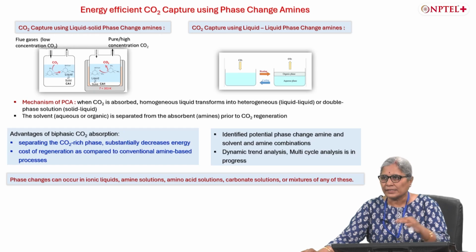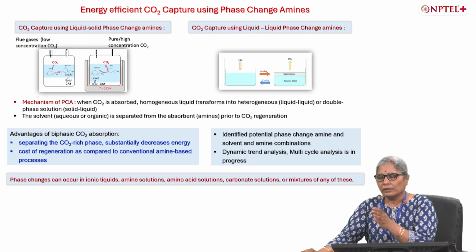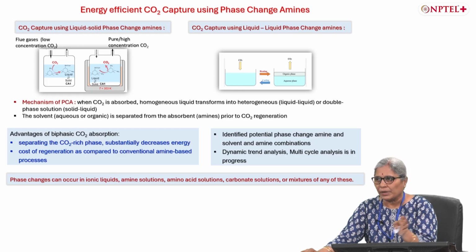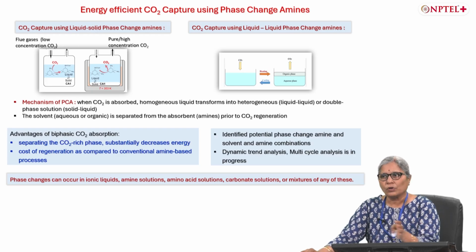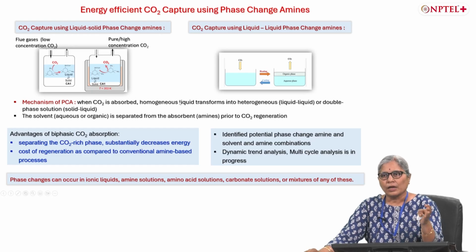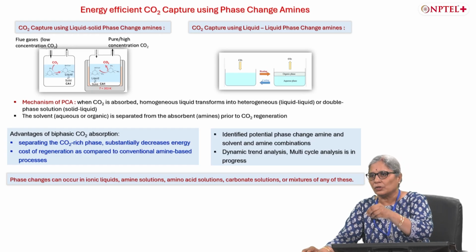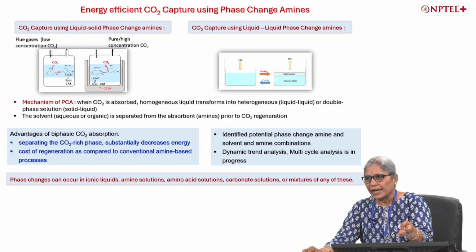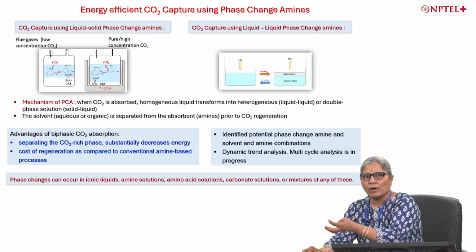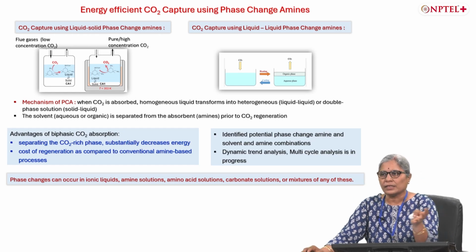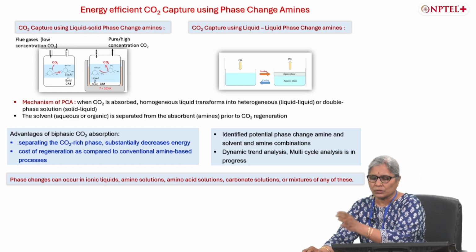Another study, as I said, is where we screened several solvents, amines, for CO2 capture. What we are interested in is, when the gas is purged into this amine solution and reacts with the amine, it forms a product which is very different from the beginning, that is, it goes from liquid to solid phase.